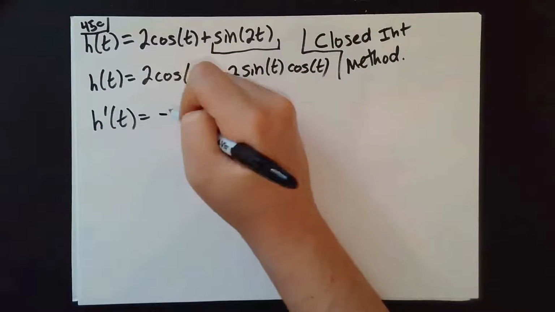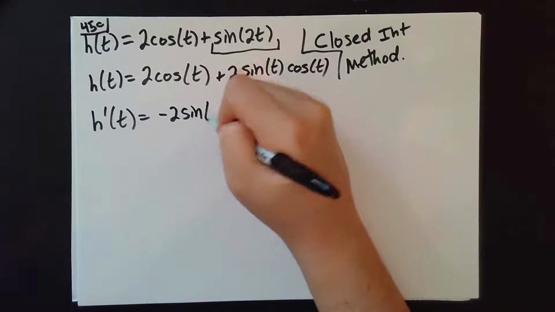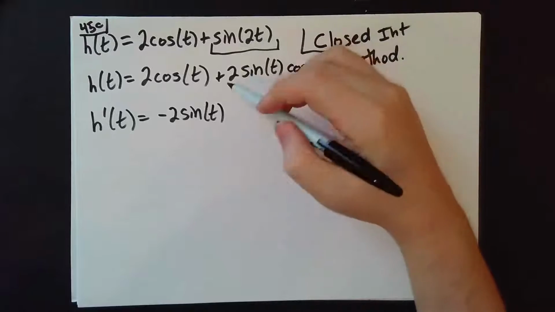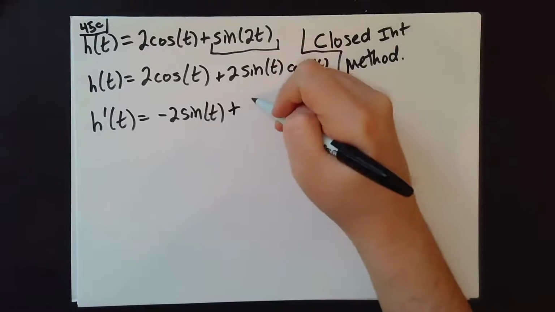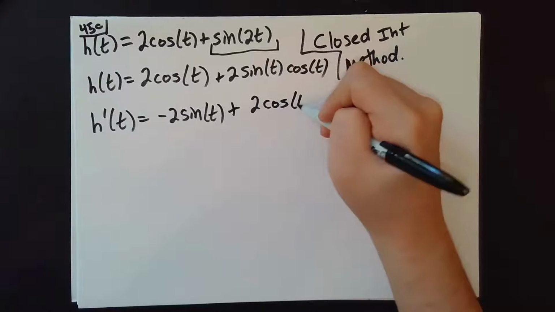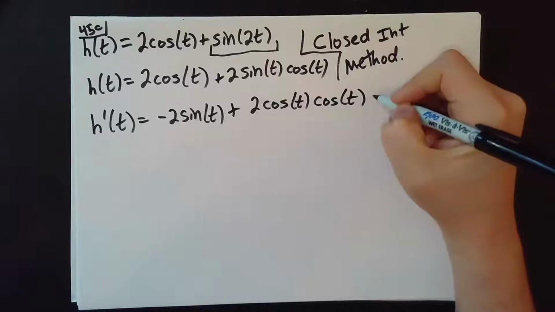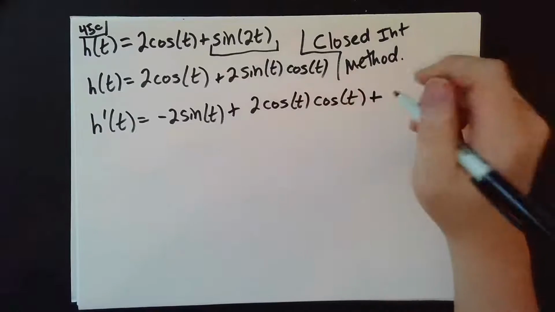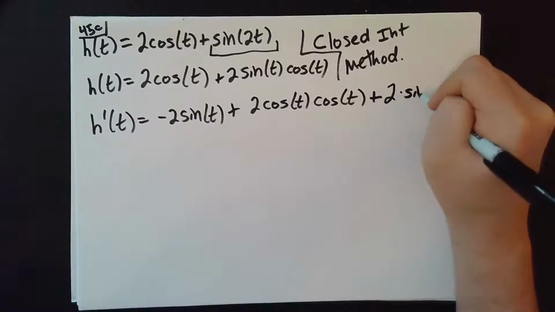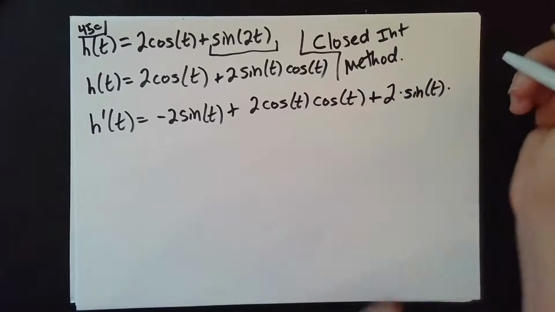So this will be minus 2 sine of t. And now I need the product rule for this part. So plus 2 cosine of t cosine of t. And then plus 2 times sine of t times minus sine of t.